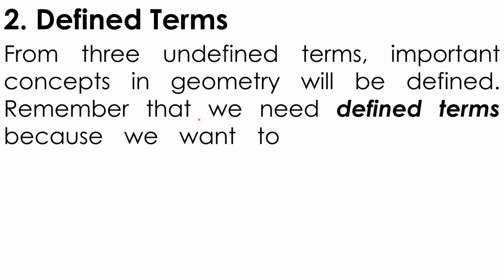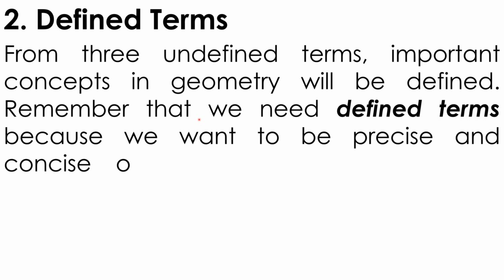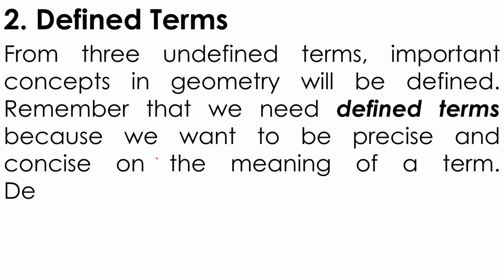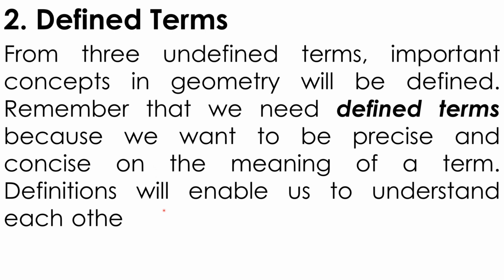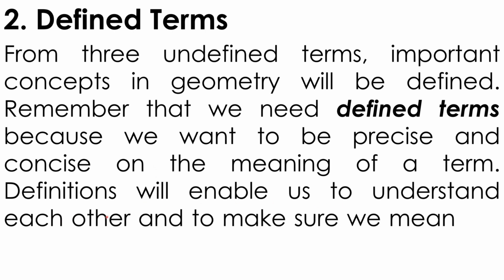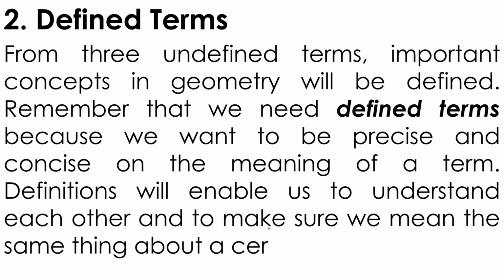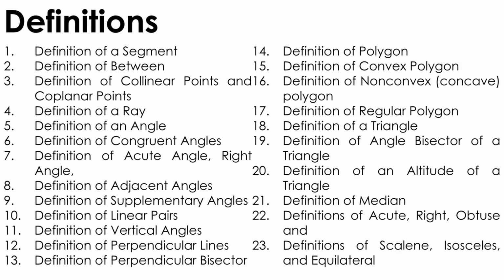Remember that we need defined terms because we want to be precise and concise on the meaning of a term. Definitions will enable us to understand each other and to make sure we mean the same thing about a certain term. Now, here are some definitions derived from the undefined terms point, line, and plane.